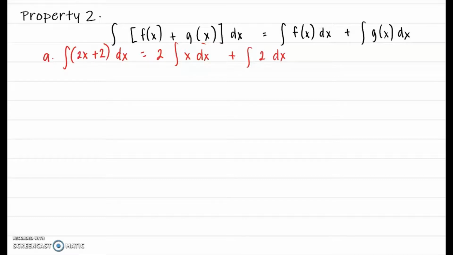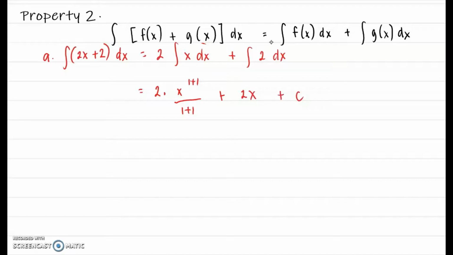So here we have 2 times x raised to 1 plus 1 over 1 plus 1, plus the integral of 2 with respect to x, which is 2x, following our constant rule.